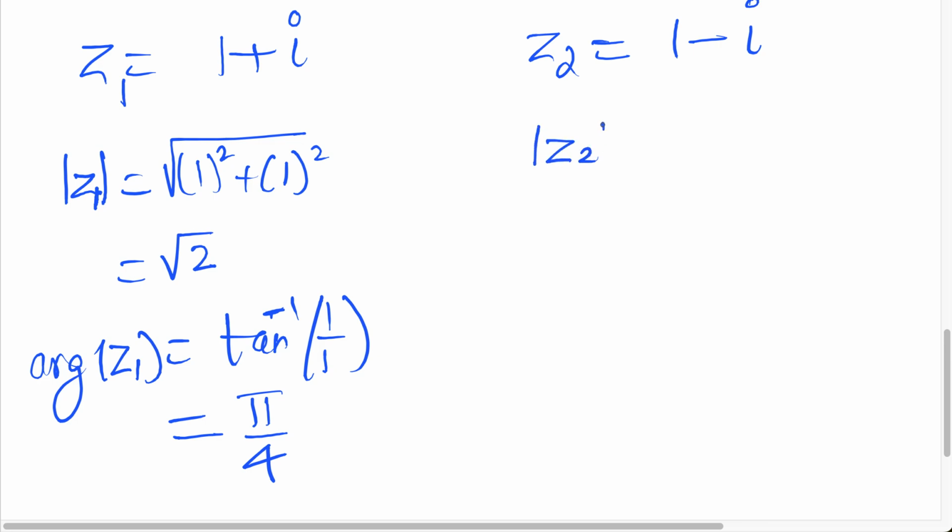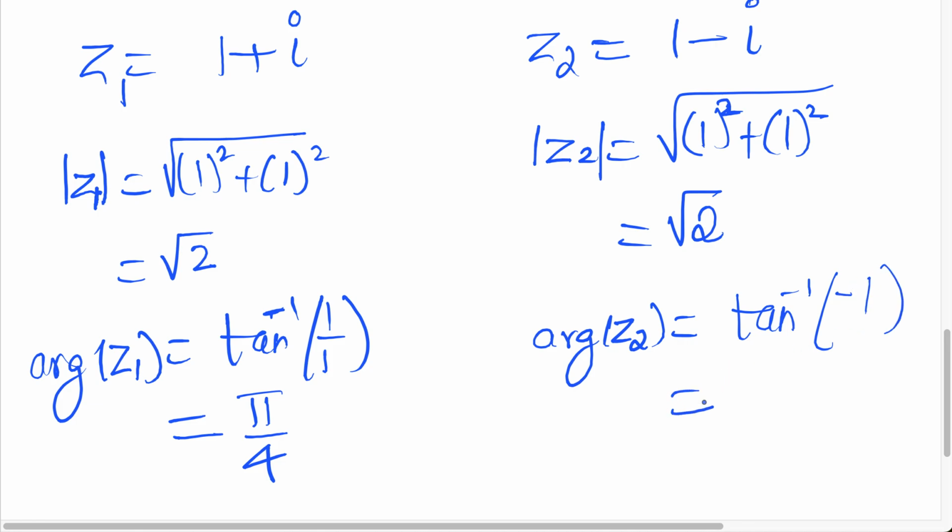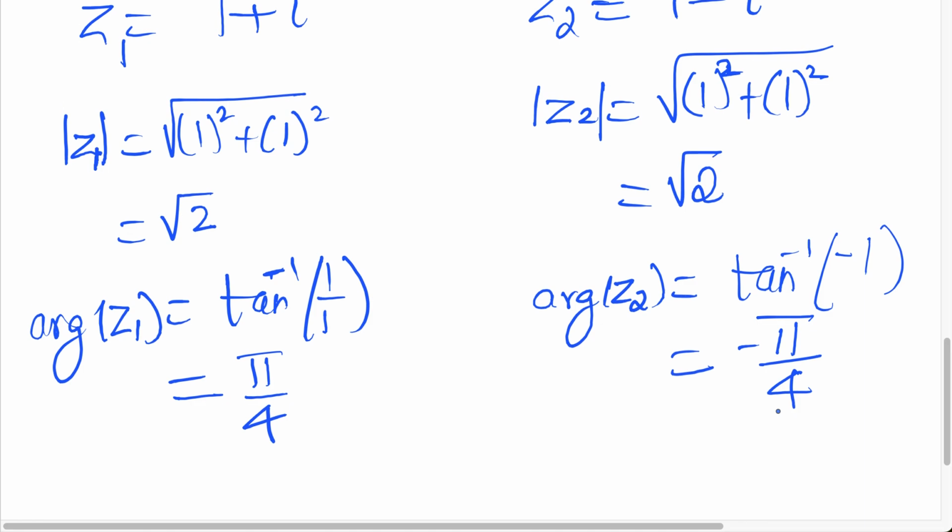So z2 will also have the same magnitude because the real part and the imaginary part in units is the same. I know the sign is different, but the modulus is the same. However, the argument is this time tan inverse of -1, which turns out to be minus pi by 4.